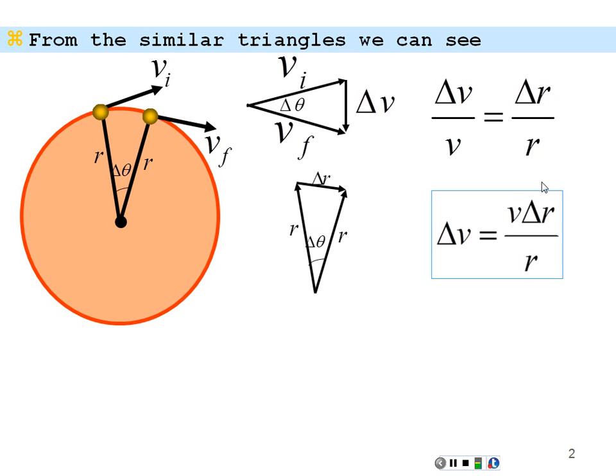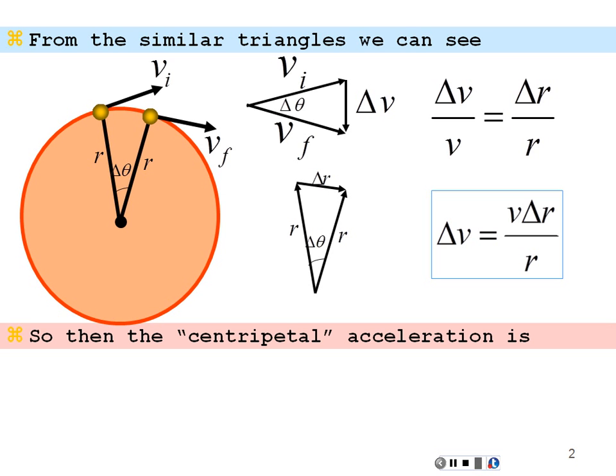Hence, we can say our change in velocity is equal to our velocity times our displacement over our radius of the circular motion. So we can say that our centripetal acceleration is our change in velocity over our change in time, which is our velocity over our radius times our displacement over our change in time, which is the same as our velocity again.